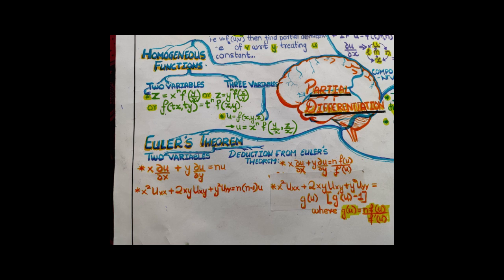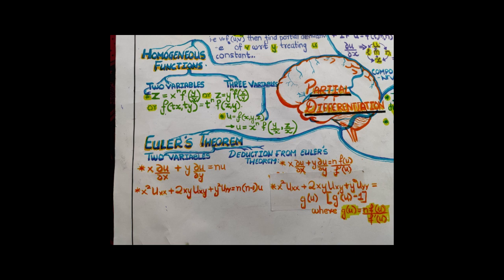Second, deduction form of Euler's theorem. If z is a homogeneous function of x, y of degree n and z equals f of u, then first, x ∂u/∂x plus y ∂u/∂y equals n times f of u upon f dash of u.